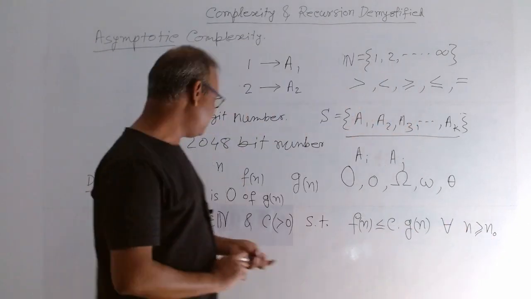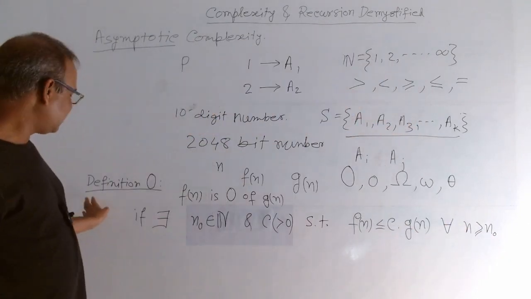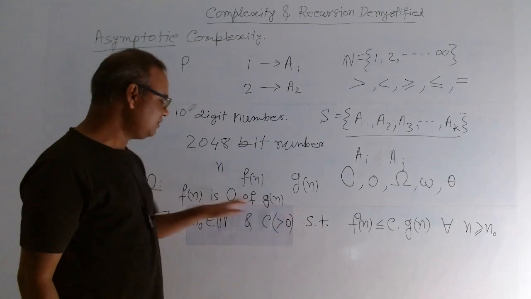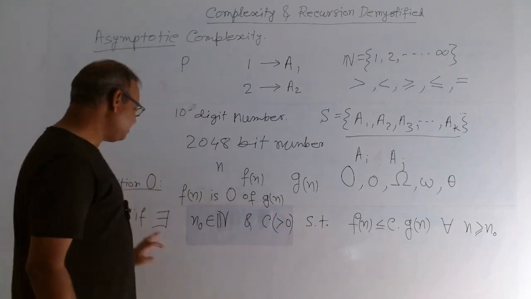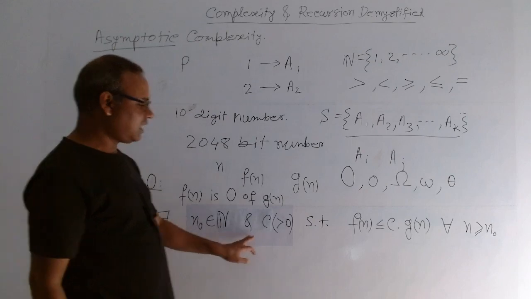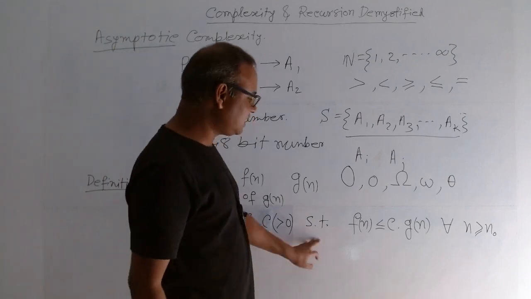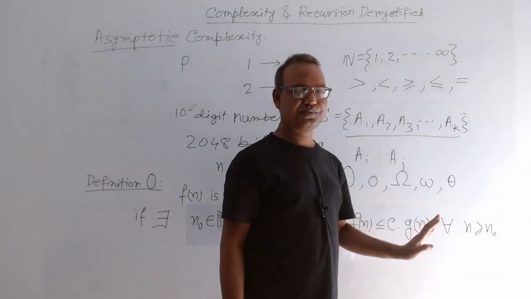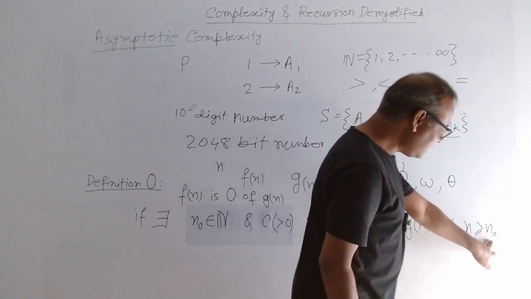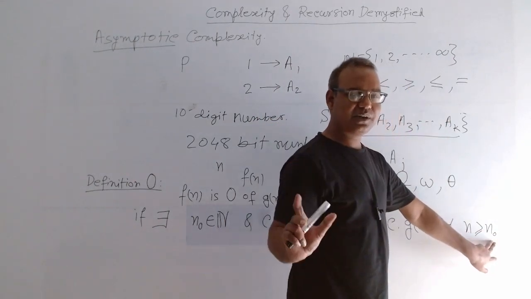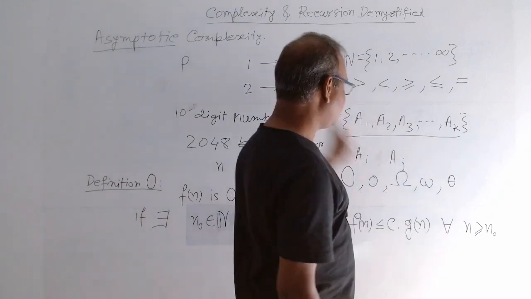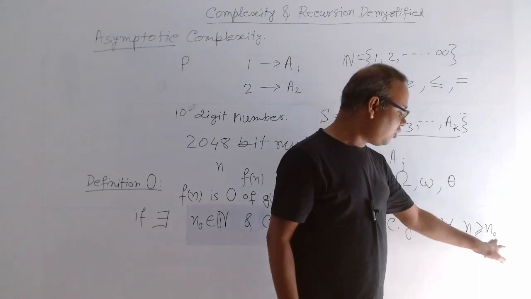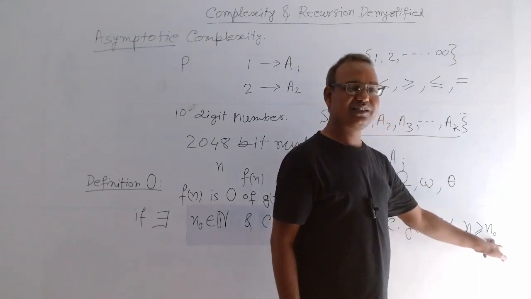So what are we bothered about? Let's see once again the definition of big O. We have two functions f(n) and g(n). We will say f(n) is big O of g(n) if there exists n0 belongs to N and c greater than 0, a positive constant, such that f(n) is less than or equal to c times g(n) for all n greater than n0. So you can assume n0 is a sufficiently large number, and as I told, we don't bother about the time taken by the algorithm when the input size is less than n0.